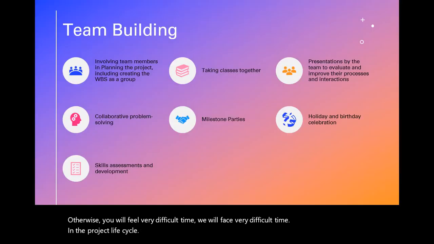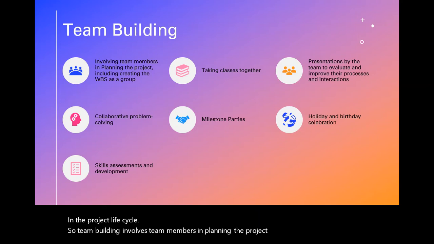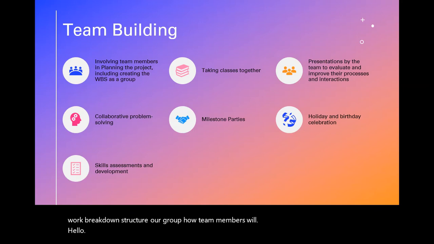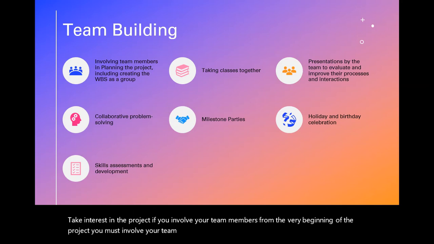So, team building involves team members in planning the project, including creating the work breakdown structure. How will team members take interest in the project? If you involve your team members from the very beginning of the project, you must involve them in planning process groups, like gathering requirements and working on the work breakdown structure.